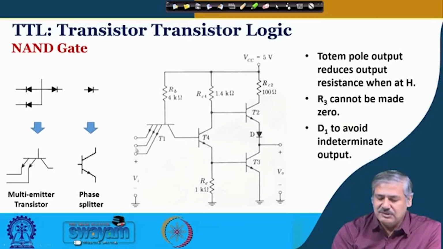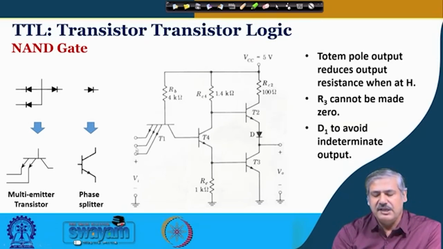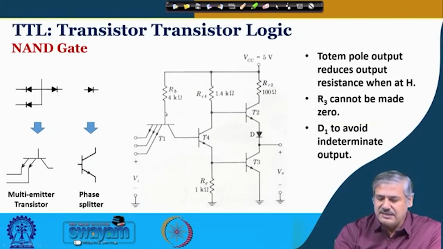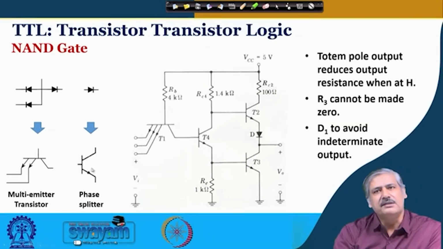Now, when any of these multi-emitter inputs is low, what is happening? It is similar to what was happening in the DTL case. The current will be going in this direction, right. So, current is not driven towards this transistor which is numbered as T4.